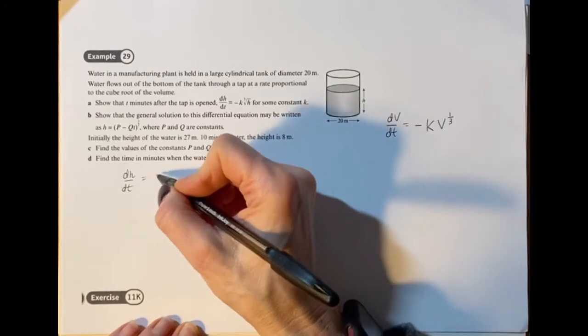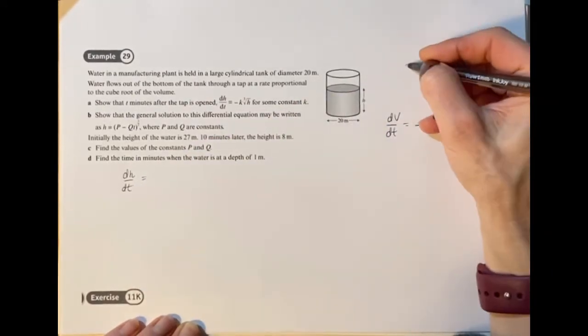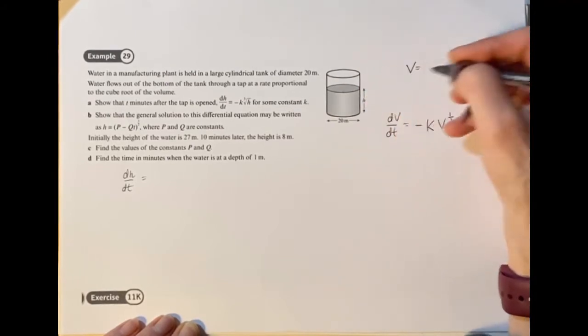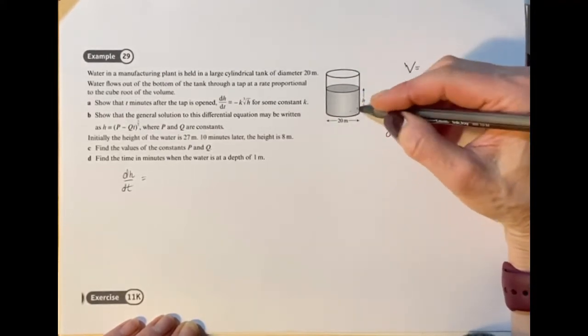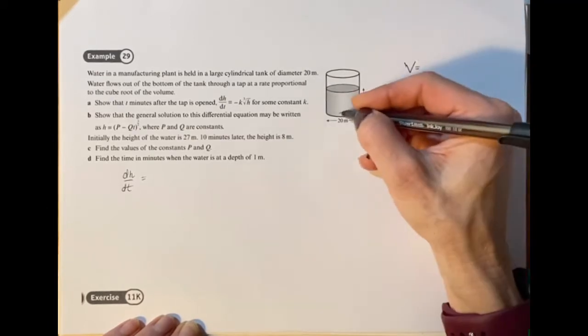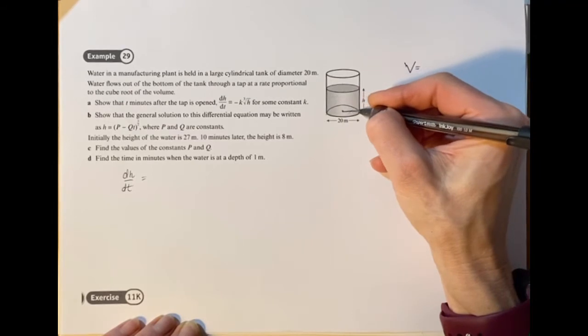Like I said to you before, when they mention something like volume, we might as well remind ourselves of the formula for the volume. If it's a cylindrical tank, it's going to be the radius that's involved.